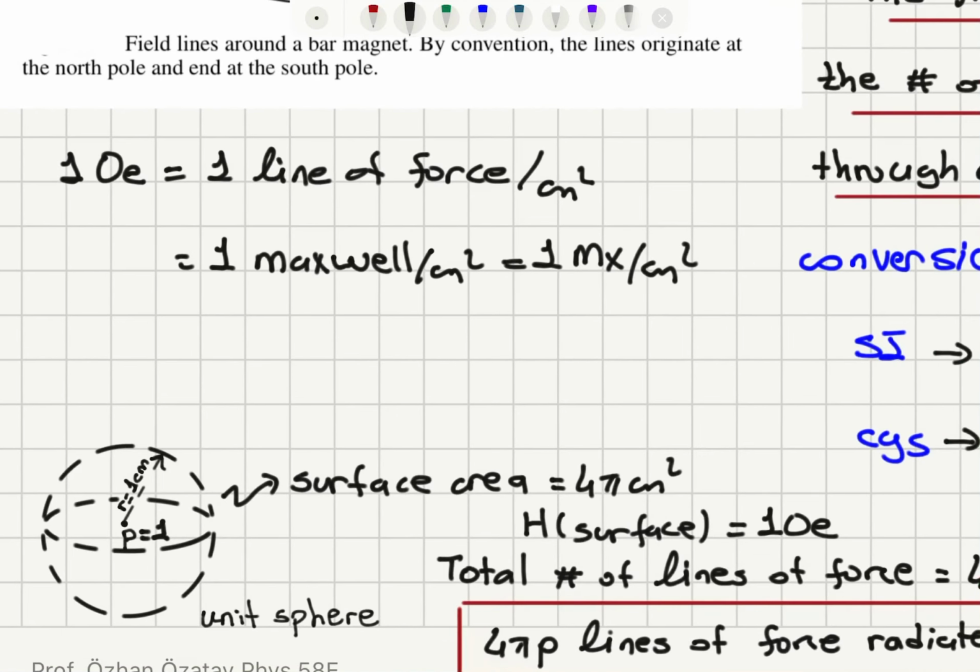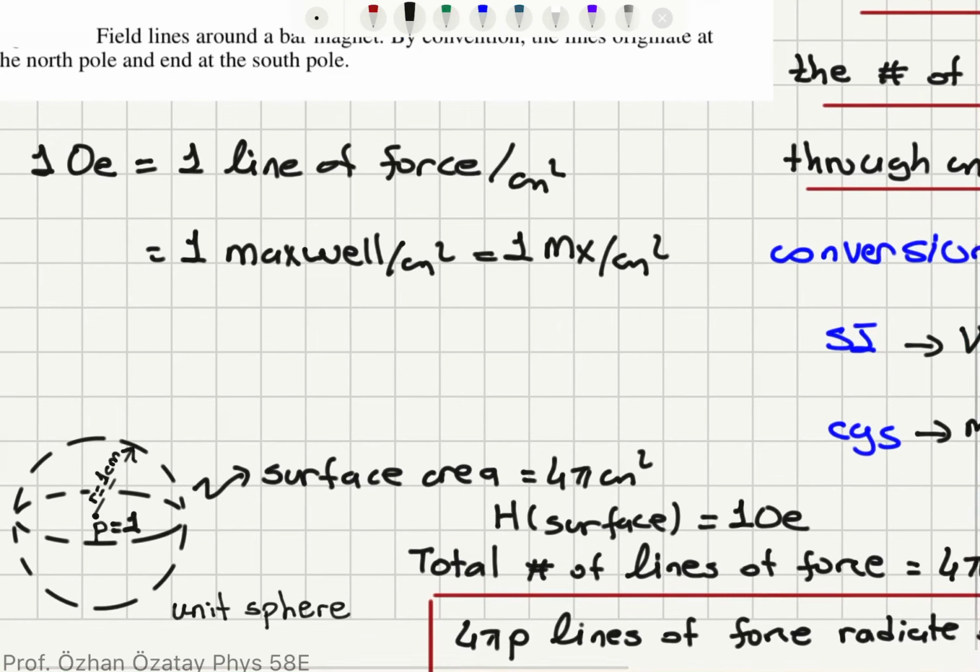So if you have a unit sphere, you put a unit pole strength in the middle, and you look at the surface, which is at a distance of 1 centimeter from your pole. You have a surface area of 4 pi centimeters square. The magnetic field created by this unit pole strength is 1 Ørsted at the surface.